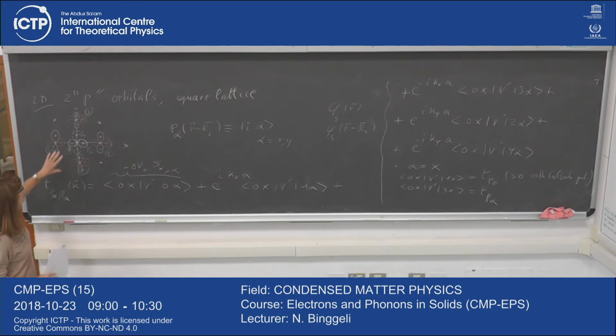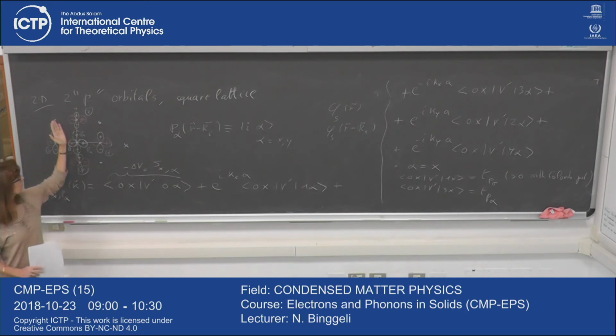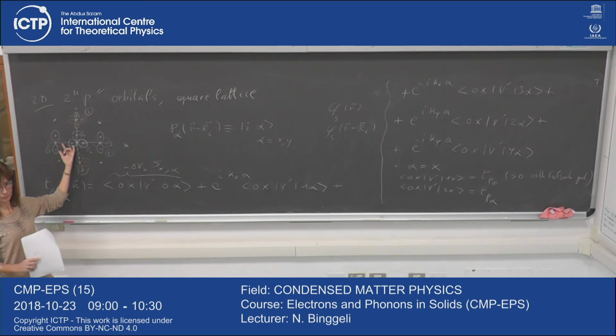So this guarantees that this matrix element with the crystal field and this matrix element with the crystal field will be the same, because I can transform the orbital into minus itself. With the mirror reflection, this orbital is transformed into minus this one, and this orbital is transformed into minus itself.